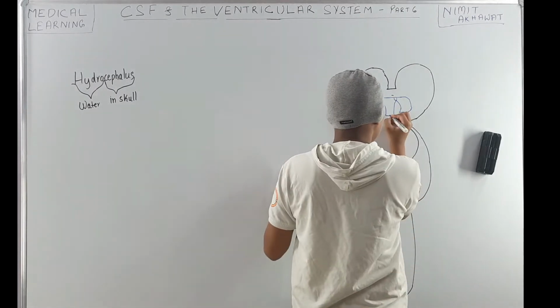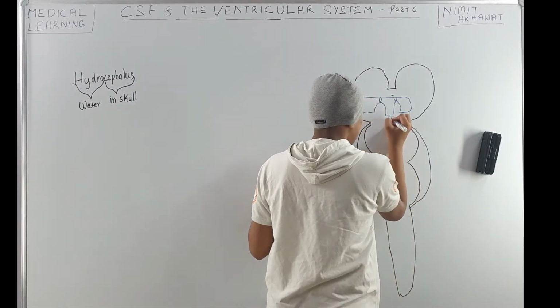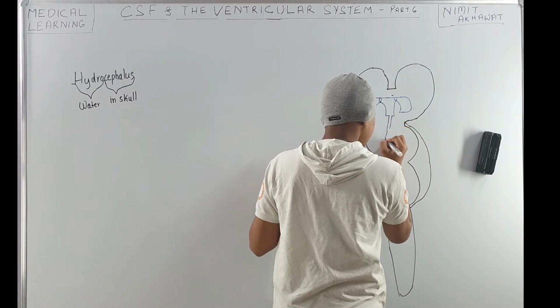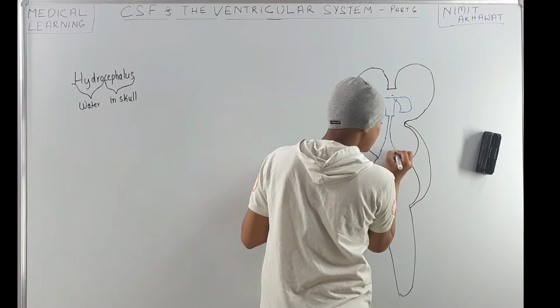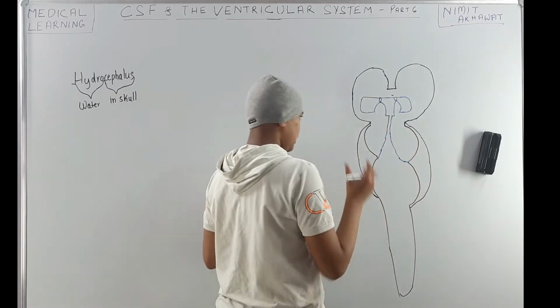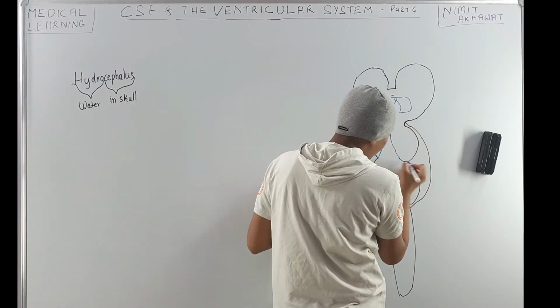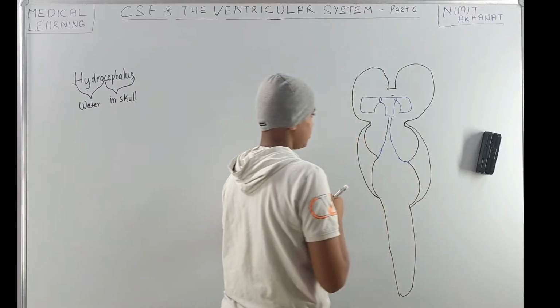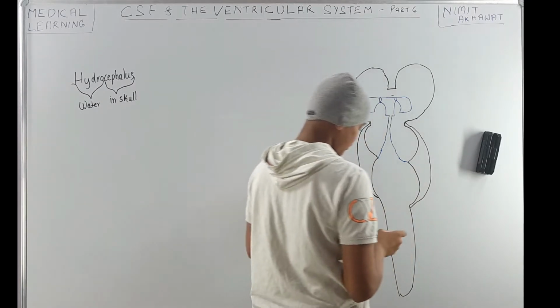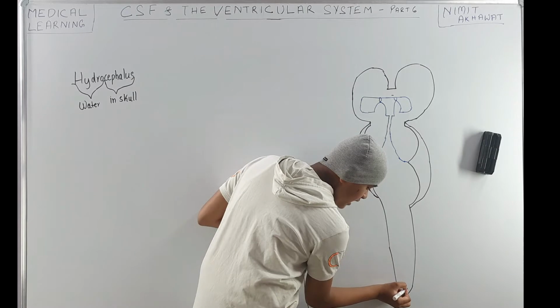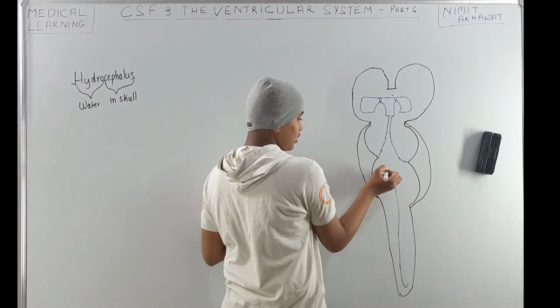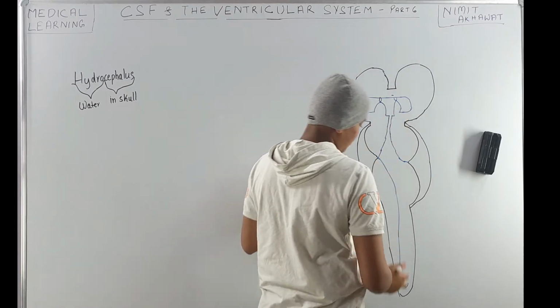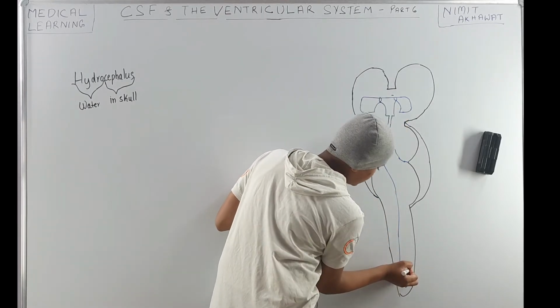The third ventricle is connected with the cerebral aqueduct. The cerebral aqueduct is a tube which connects with the pontomedullary junction. A canal ascending from the spinal cord connects with the cerebral aqueduct, called the central canal.